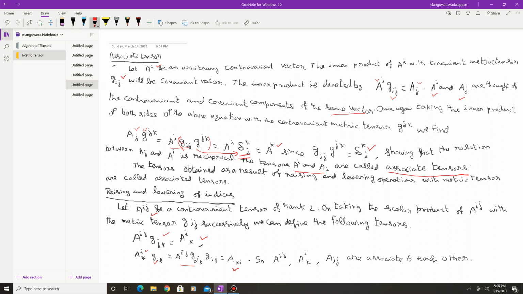So these components: A^ij is a contravariant tensor of rank 2, and A^i_k is a mixed tensor, contravariant rank 1 in the index i and covariant rank 1 in k, and A_ik is a covariant tensor of rank 2. They are all obtained by proper multiplication of the metric tensor, so they are all associated with each other. They are all associate tensors.